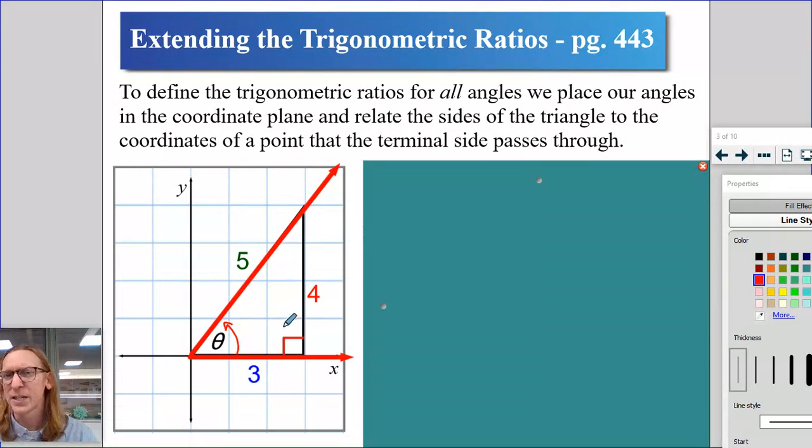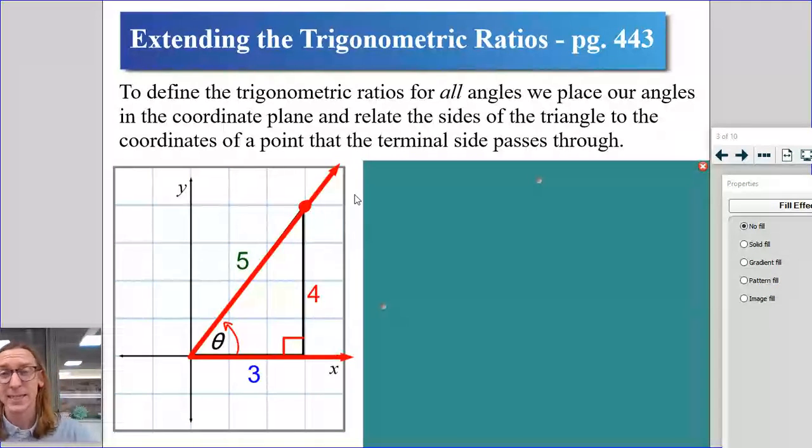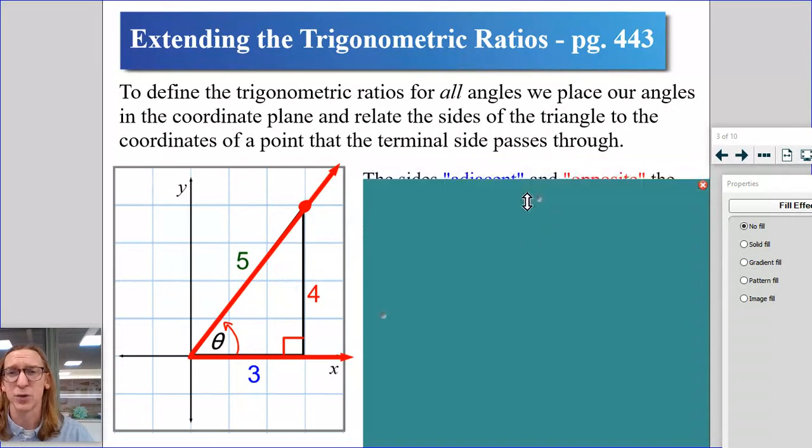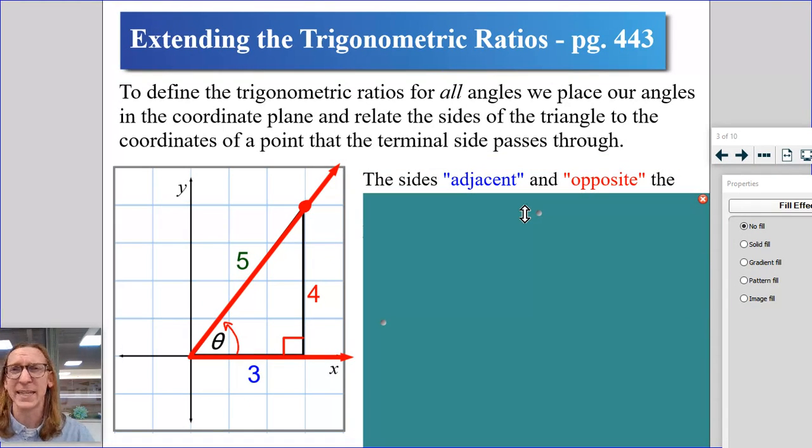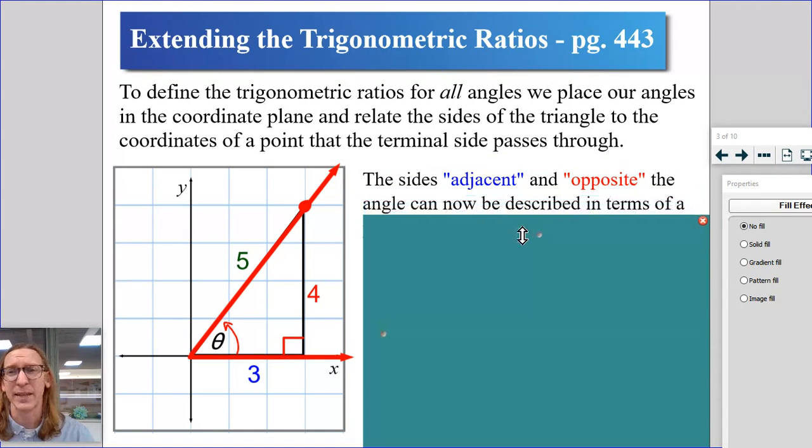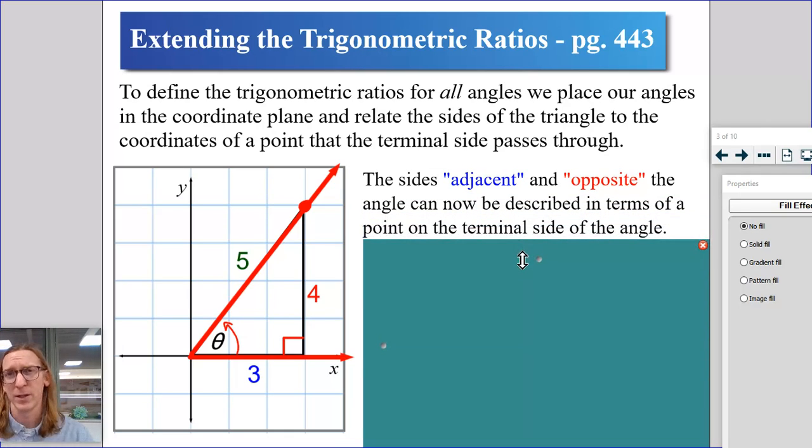The sides of this triangle can now be related to a point, a coordinate that the terminal side of my angle passes through. And I could tell you the coordinates of that point by using the sides of this triangle. The sides that are adjacent and opposite the angle can now be described in terms of a point on the terminal side of this angle.